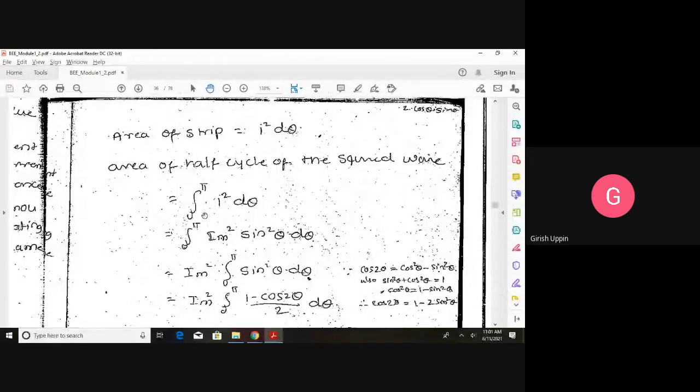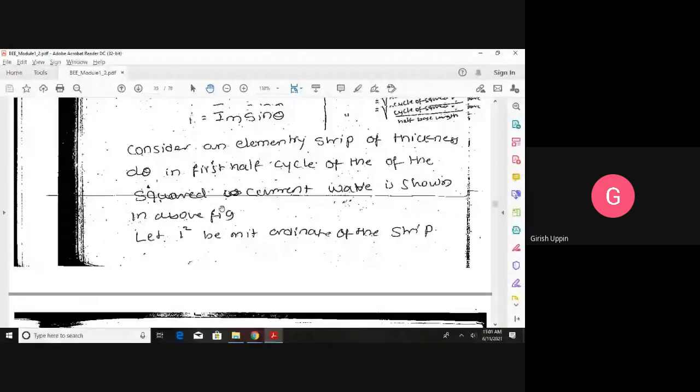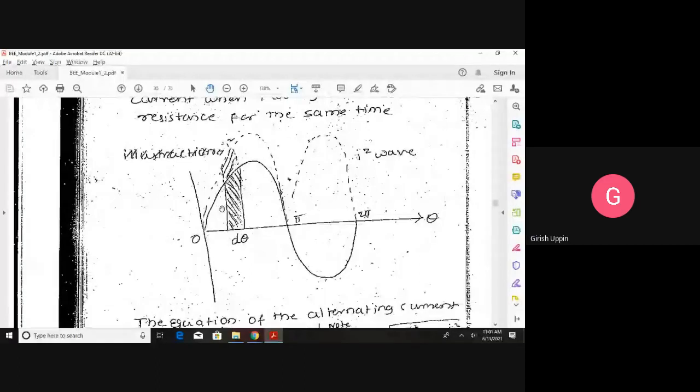I square, the strip we are going to take is on the squared wave, isn't it? Squared wave is I square. So this height is I square, right? The strip is assumed so thin that this and this are equal, and the height of the strip is I square, and the width is d theta.